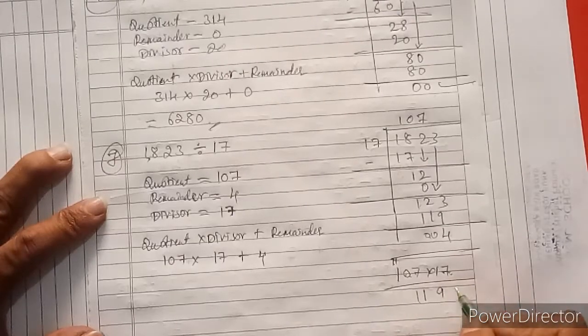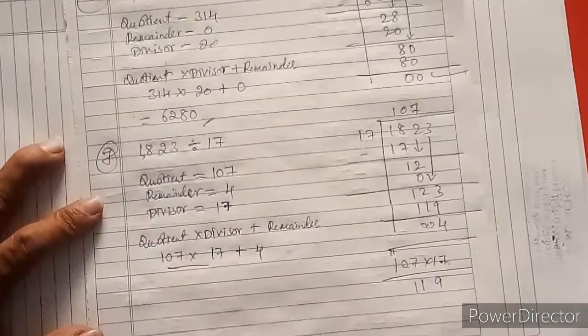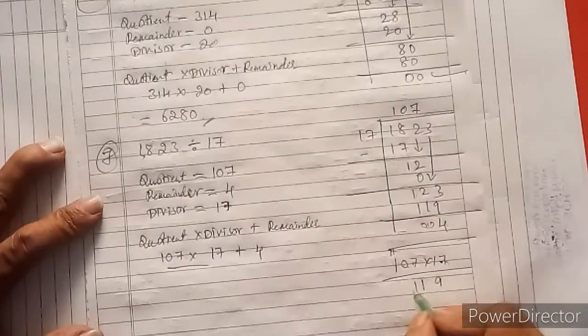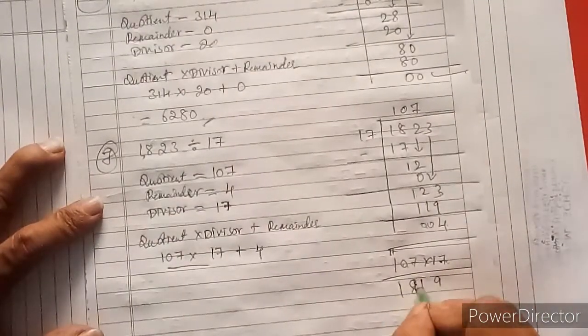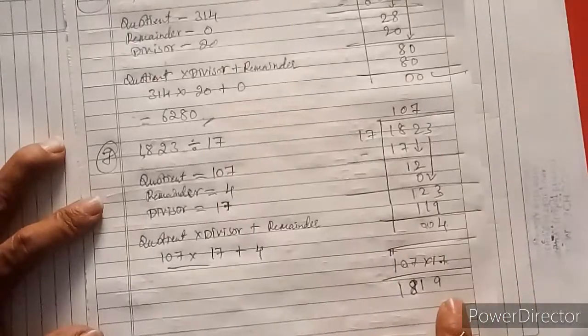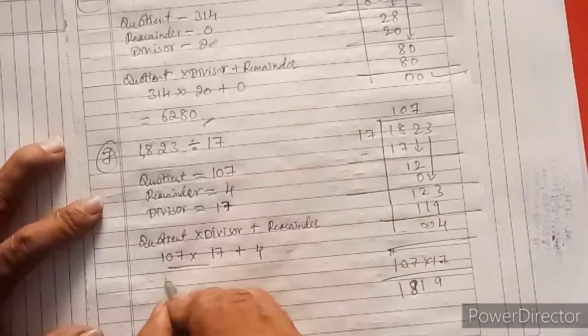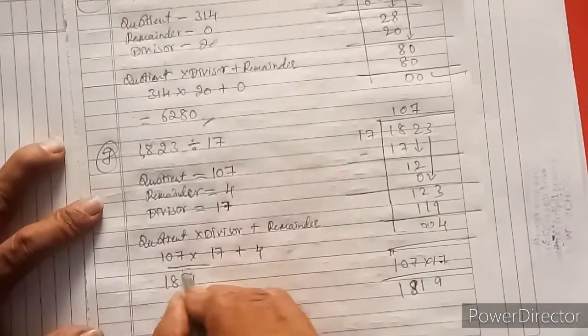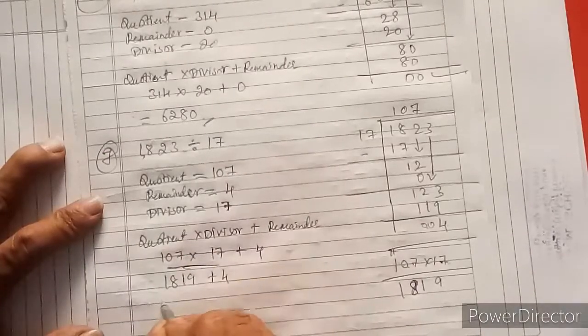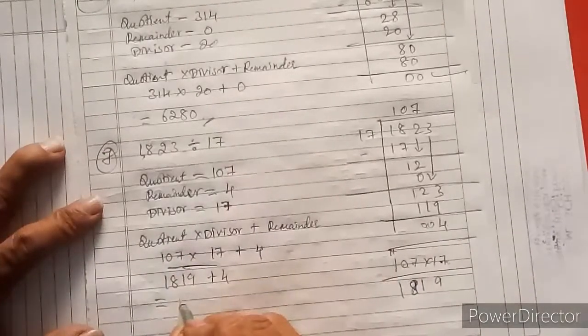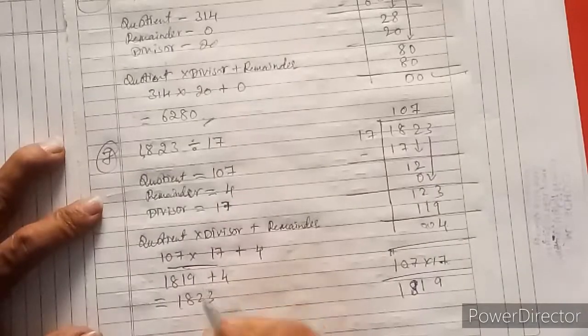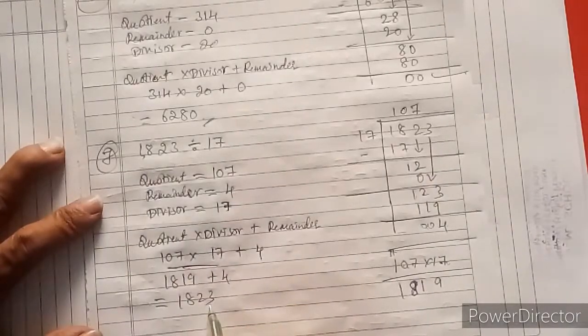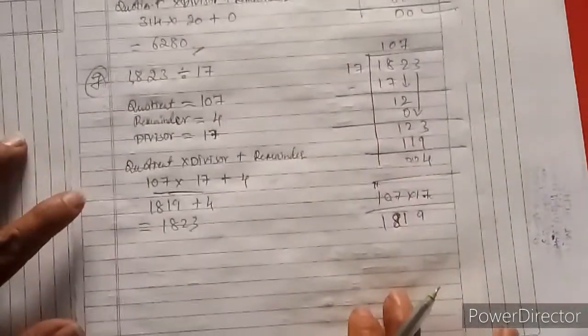And after that, the total value is 1819. These multiplied, so I will write here 1819, the both multiplied, plus 0. And after the both if you add, 1823. So 9 plus 4 is 13, carry 1; 1 plus 1 is 2. So we got the answer. Note it down.